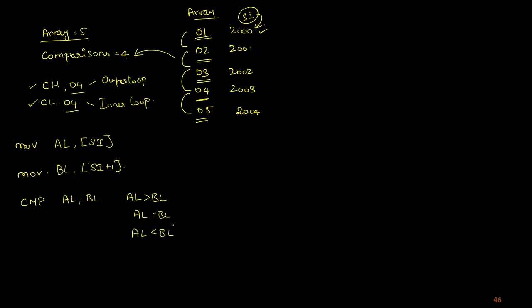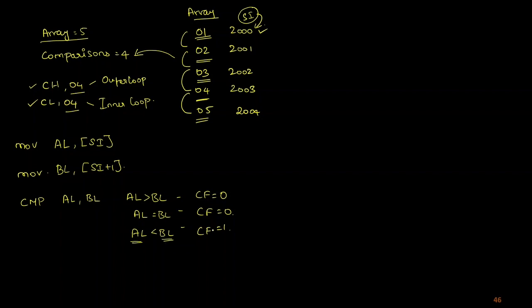Depending upon that, my flags will be set. The carry flag will be 0 when AL is greater, it will also be 0 when they are equal, and the carry flag will be 1 if AL is lesser.